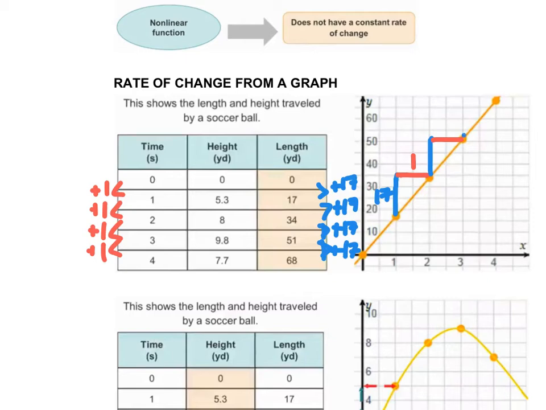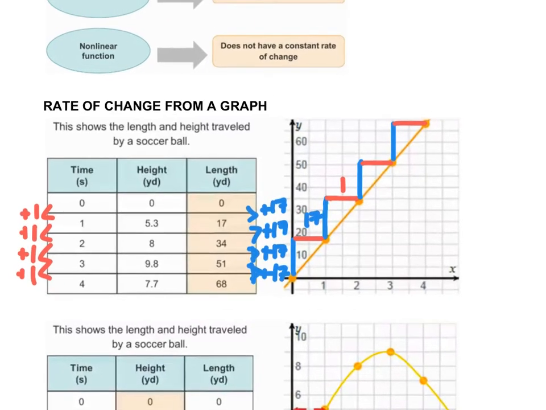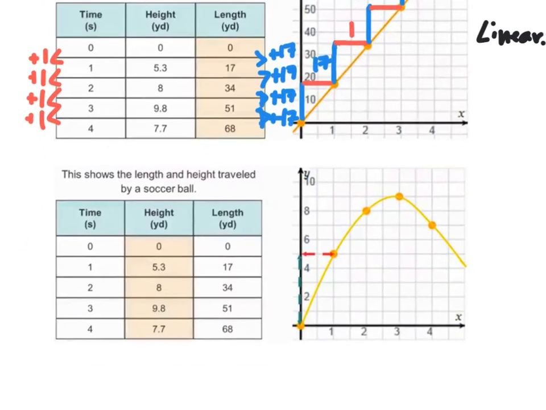And we do that to get from one point to the next, okay? So all these increase at the same rate, okay? So therefore, this is what we call a linear relationship. This is linear, okay?